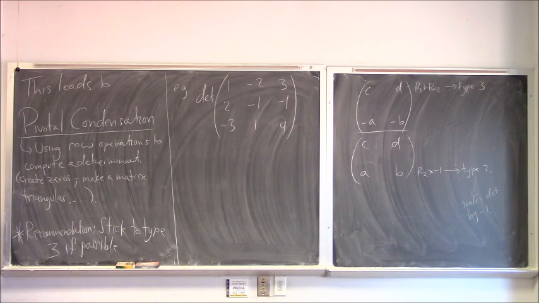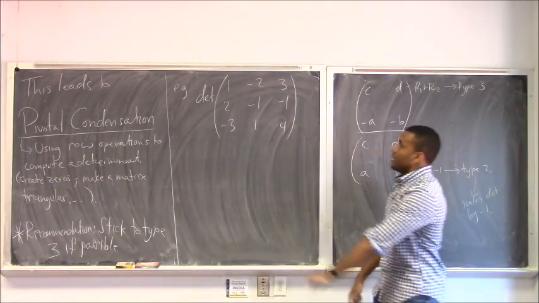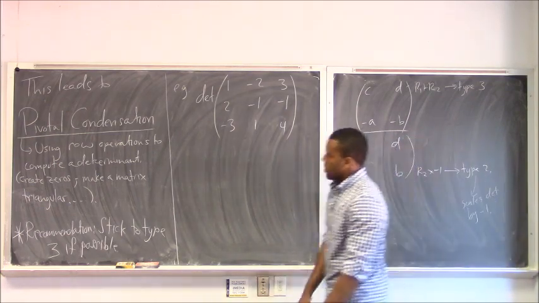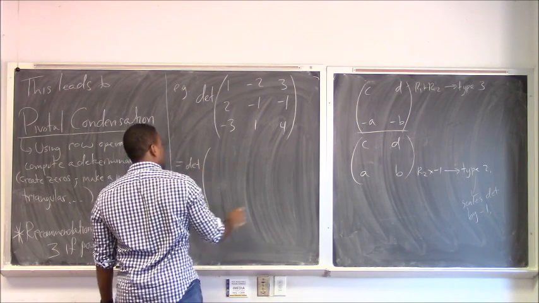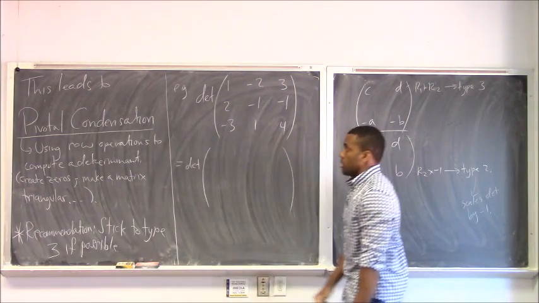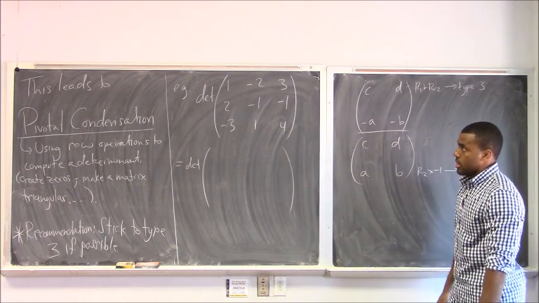So you're faced with that, potentially something larger, like a 4 by 4 or 5 by 5. But now I'm going to change this guy using row operations in such a way that the determinant will change in a predictable way, and I'll be able to answer it.